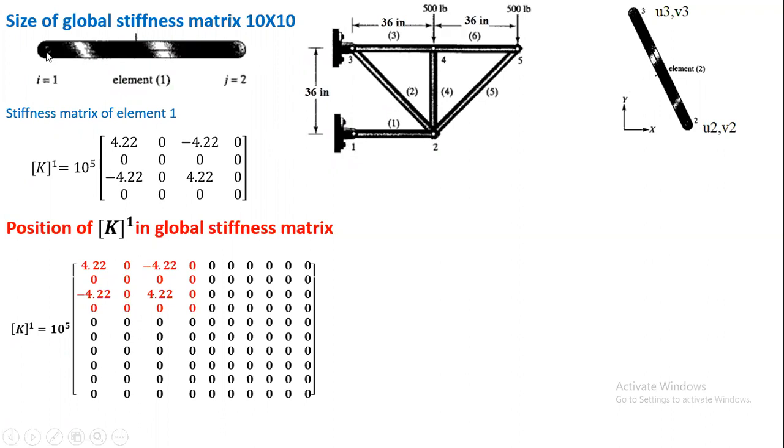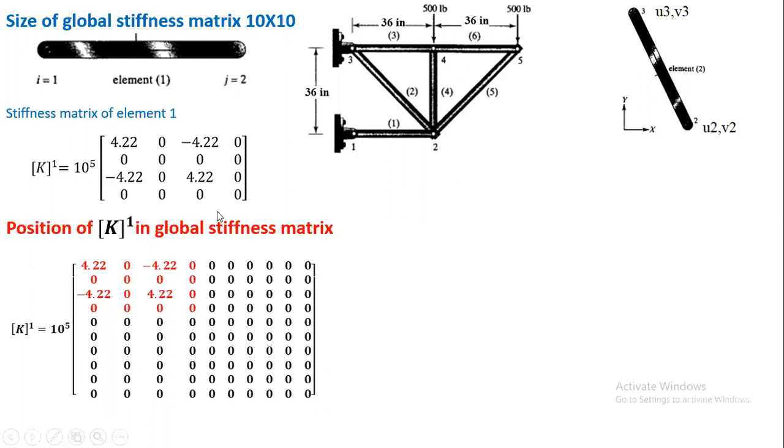That means it has displacement in x direction and displacement in y direction. First row corresponds to the displacement in x direction. Second row corresponds to the displacement in y direction. Okay. Now this node is node number 2, so it has displacement in x direction and displacement in y direction, that is u2 and v2.